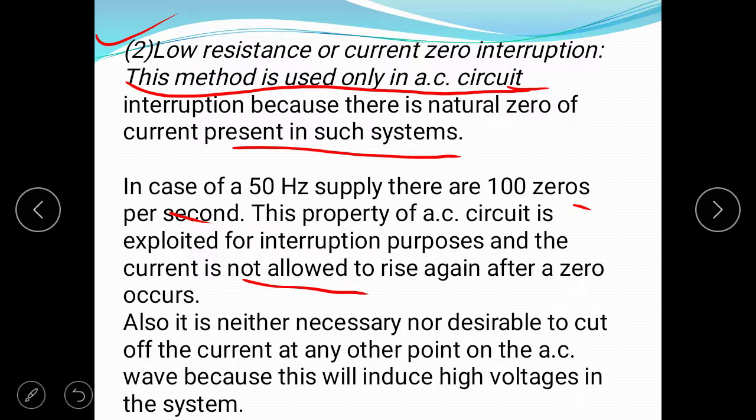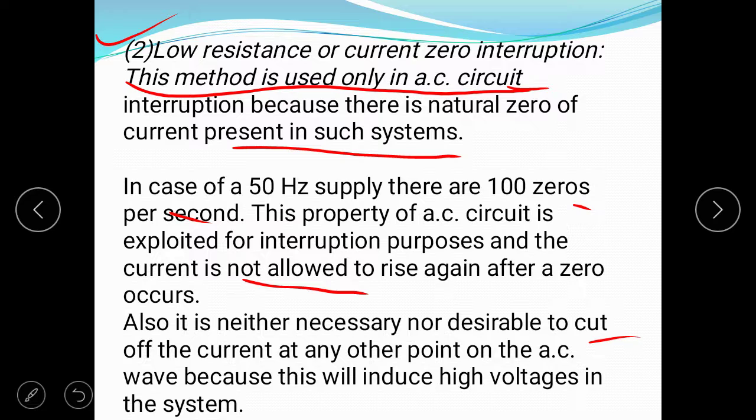Also, it is neither necessary nor desirable to cut off the current at any other point on the AC wave, because this will induce high voltage in the system.